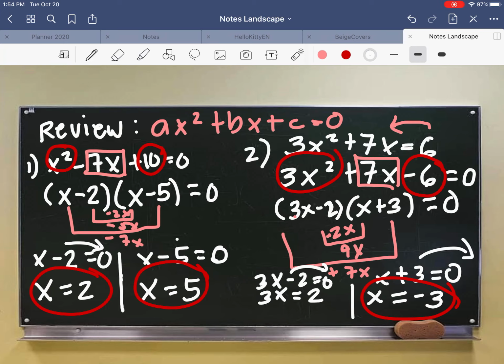Kasi may kasama pa yung x sa kaliwa. Meron ka pang 3. So, ang gagawin natin, we divide by 3. Magka-cancel ngayon to. So, we get x equals 2/3. Okay, yan na yung sagot. So, this is what we have last week na nandun sa video. Alright? Okay, bye!